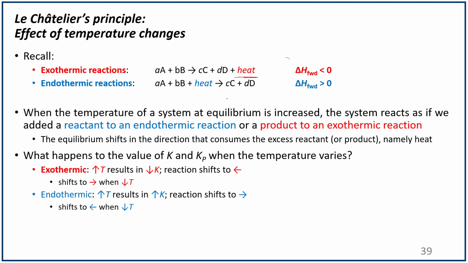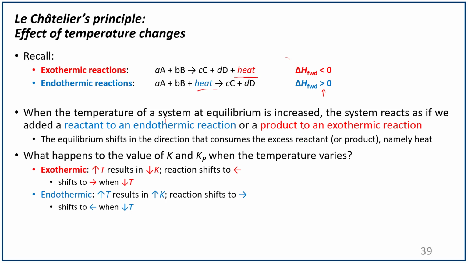On the other hand, if you have an endothermic reaction, heat is absorbed, so heat is consumed when the reaction is endothermic. And by the way, please correct this: delta H of an endothermic reaction should be positive. Here, we just treat heat as if it were either a reactant or a product, and then it's back to rule 1, which is the effect of adding or subtracting products or reactants.